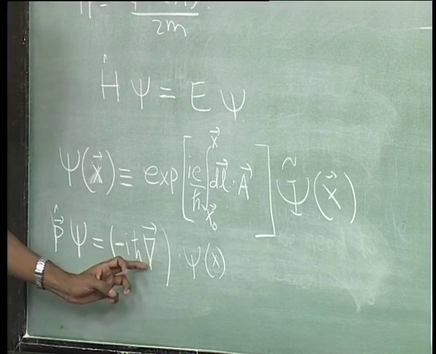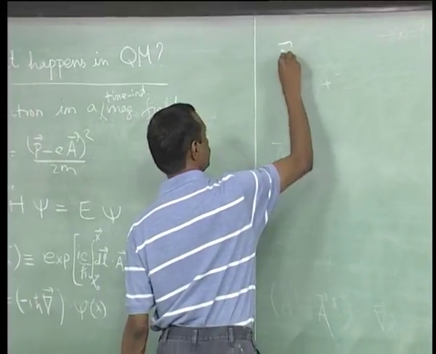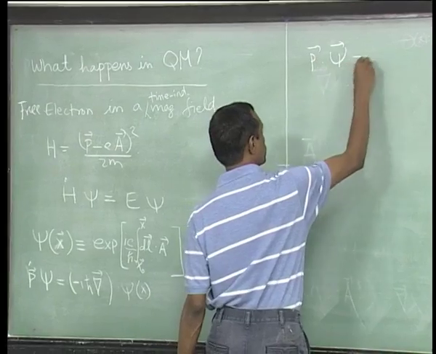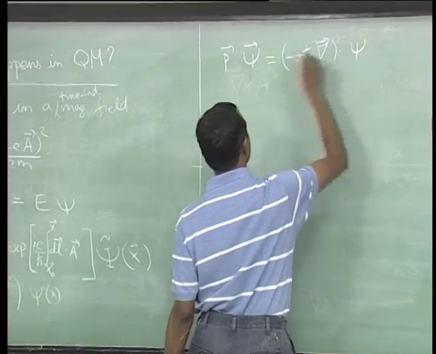Okay. So now del acting on this will just pull down. So let me just rewrite that. So p operator is just minus i h bar del operator acting on psi.